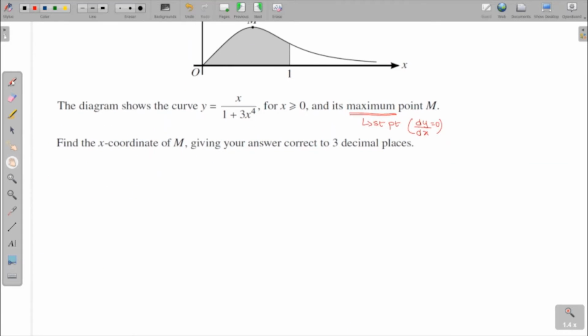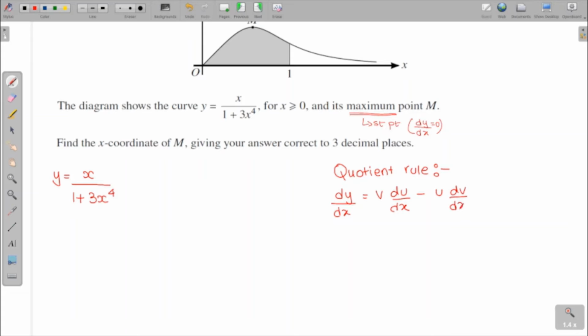So let's do that. So let's jot down the data first. The equation of the curve is x by 1 plus 3x to the power 4. And in order to differentiate this, we can use the quotient rule. So according to the quotient rule, dy by dx will be equal to v du by dx minus u dv by dx, whole thing by v square.